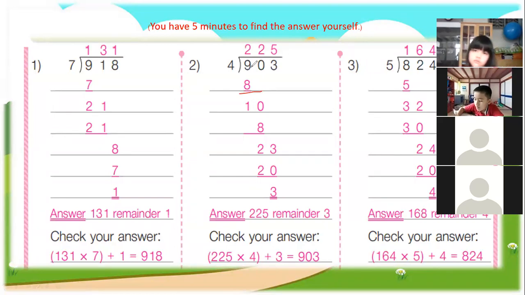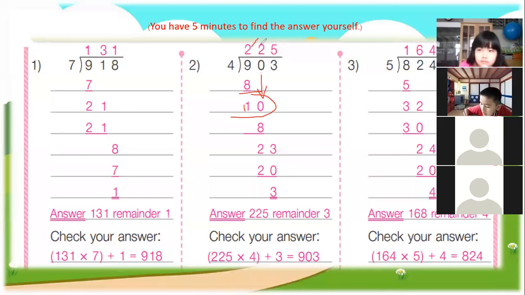So 2 we will bring here at the 100 place. 9 minus 8 is equal to 1. And now here 0. So 1 is lesser than the divisor, we don't have it in the table. So we will bring down 0 from the 10th place. So now we have a total of 10.